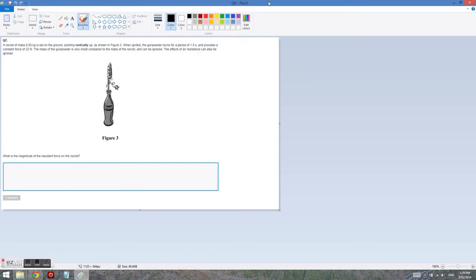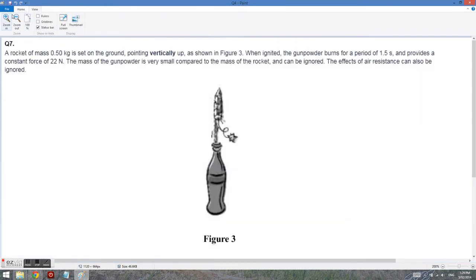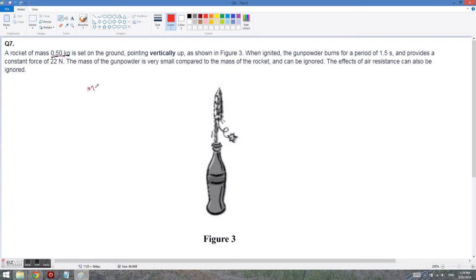Now let's look at question 4. Let's read the question first. We have a mass equal to 0.5 kilogram.